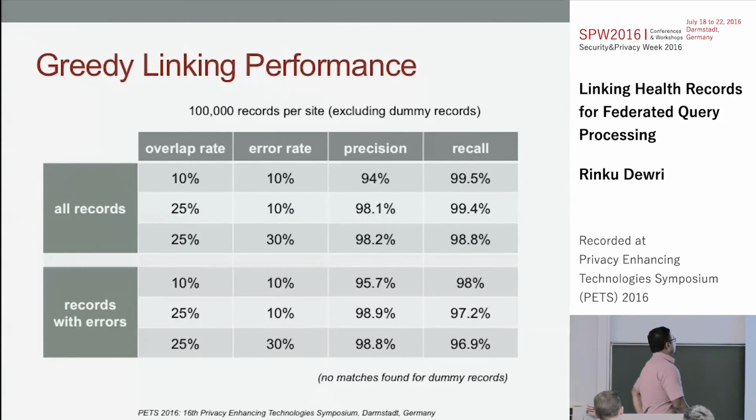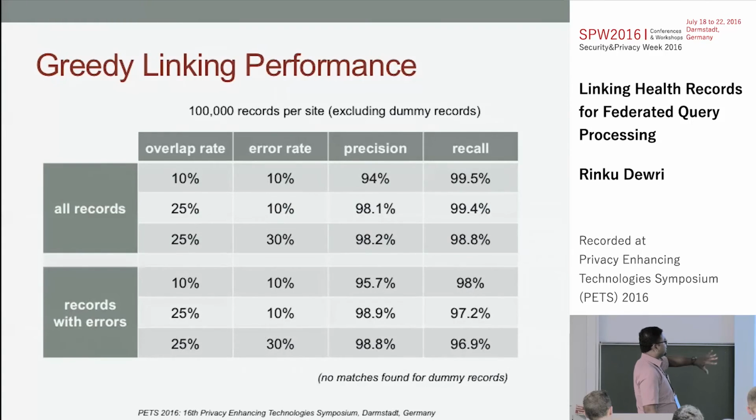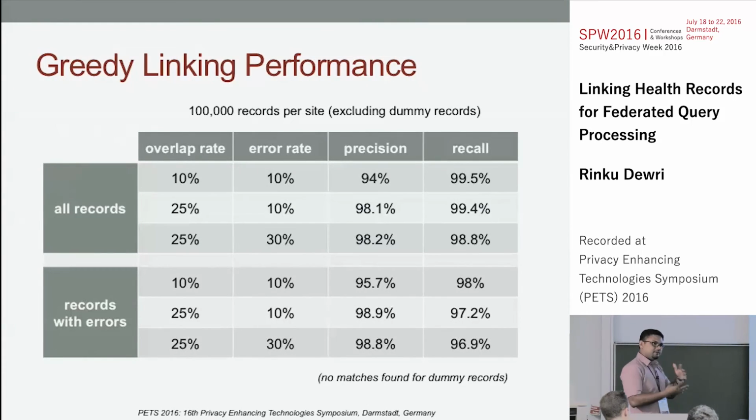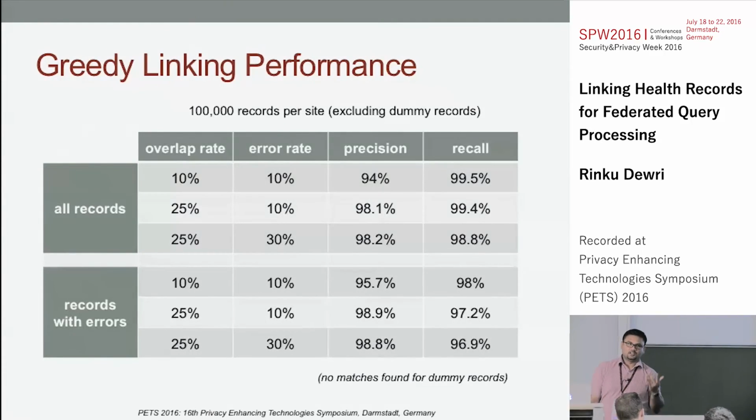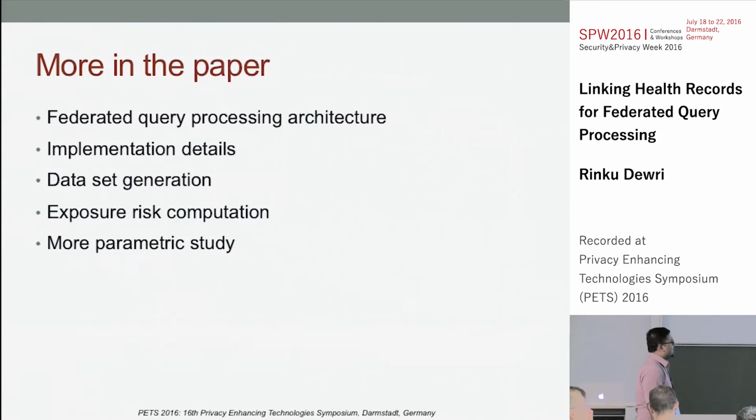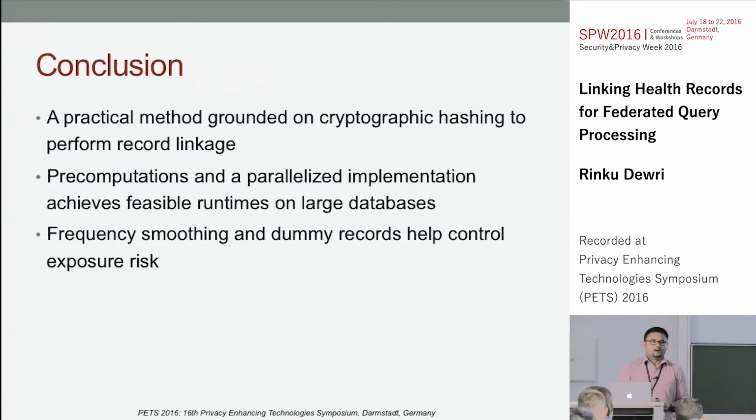And if you're worried about the precision leak, again, this is about a greedy matching algorithm. We didn't explore anything outside of that. The precision and recall, that is the ability to match the records, were pretty good, close to 98% in both cases. Again, there is more in the paper about the whole processing architecture, how we generate data sets, our implementation, how we compute the exposure, all of that you can find in the paper.